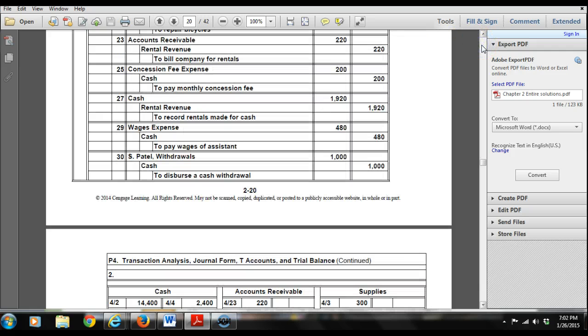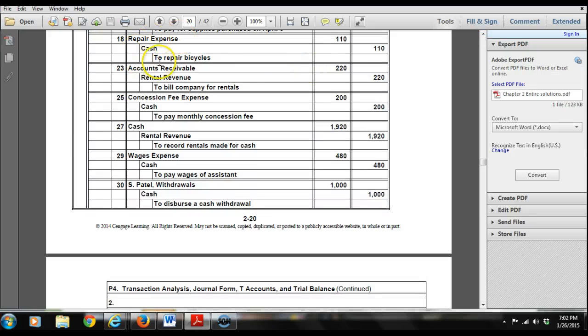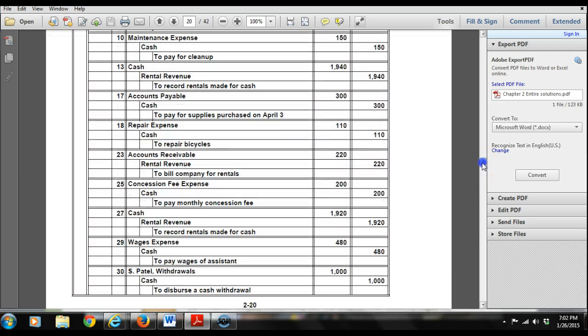As we move back, we have a debit to accounts receivable for $220, a credit to rental revenue for $220. So as you see here, a debit on April 23rd to accounts receivable for $220. Our rental revenue has a credit on April 23rd of $220.